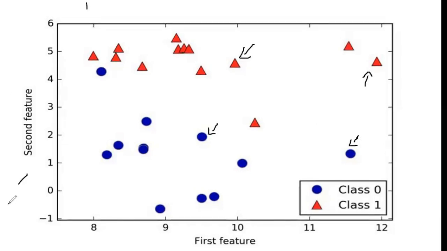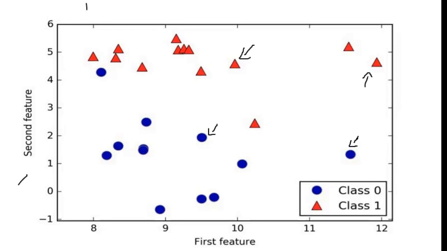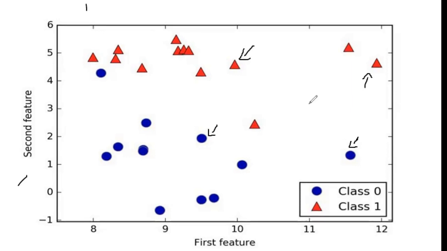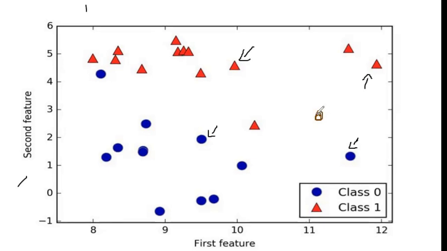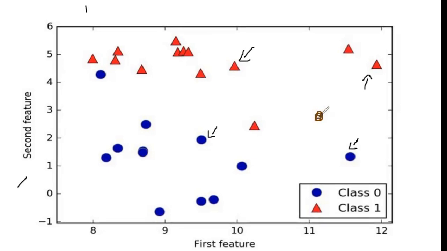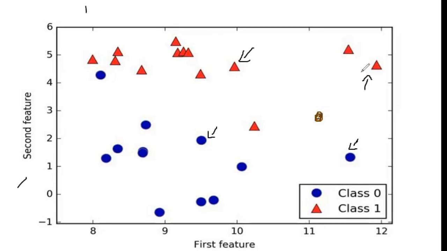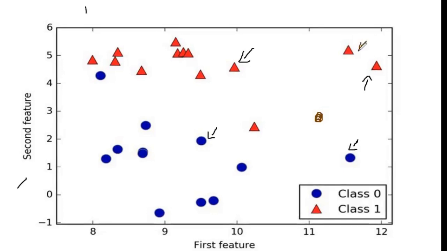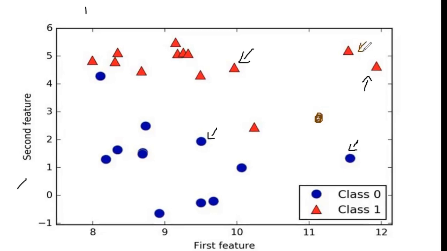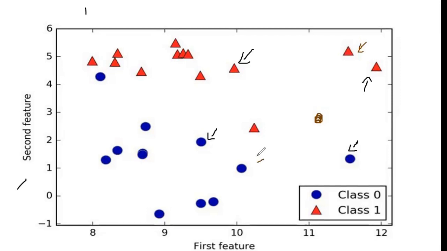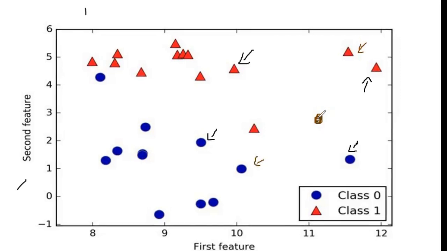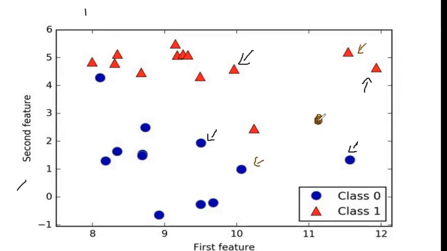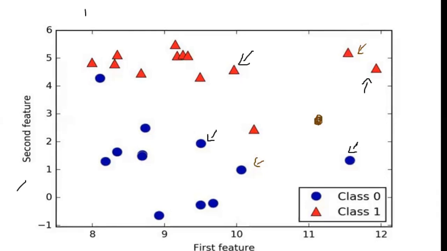Now, whenever I provide a new data point, let's say this is my new data point, I want to predict whether it is a triangle or a circle, because these two are the labels.